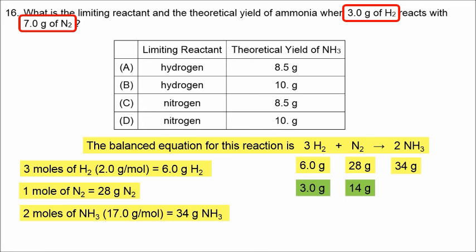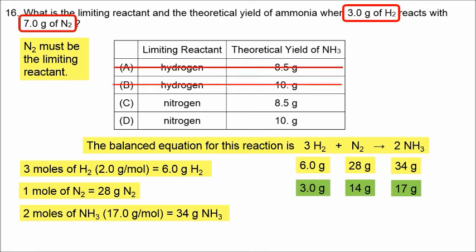Do I have 14 grams of nitrogen available? No. So that means that nitrogen is the limiting reactant because I only have 7 grams available. So since nitrogen is a limiting reactant, the answer must be either C or D. If we cut those numbers in half one more time, 1.5 grams of hydrogen will react with 7 grams of nitrogen.